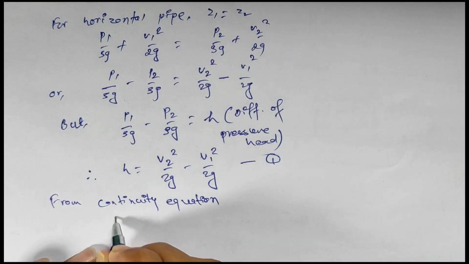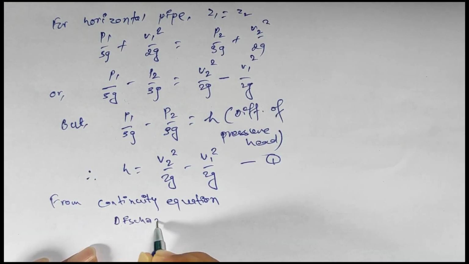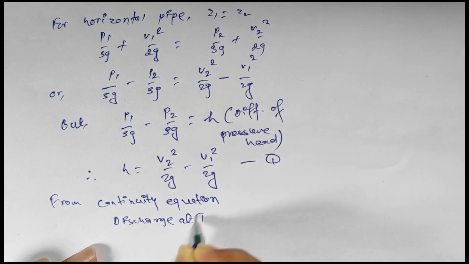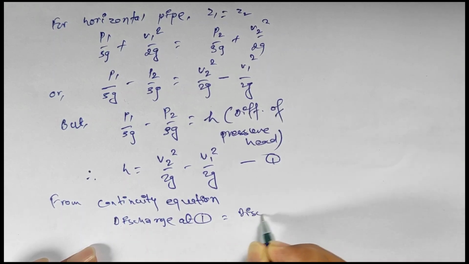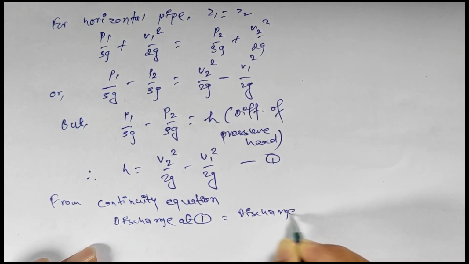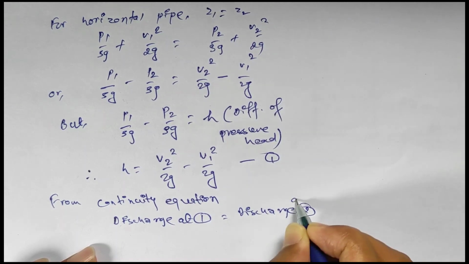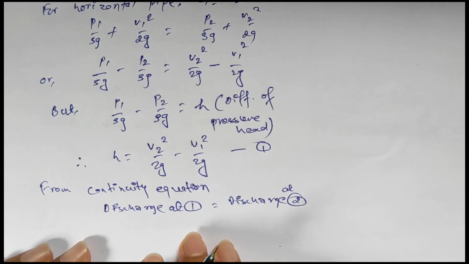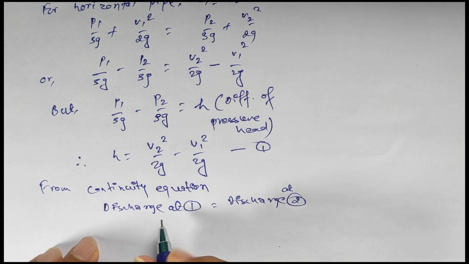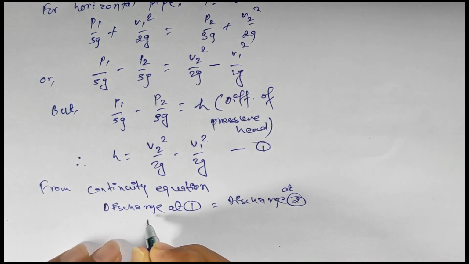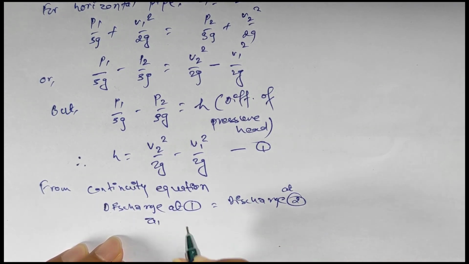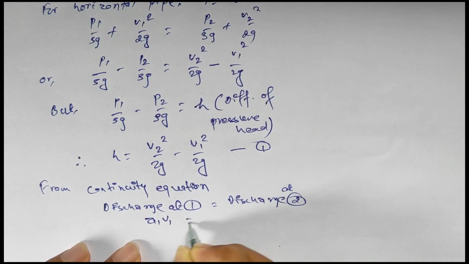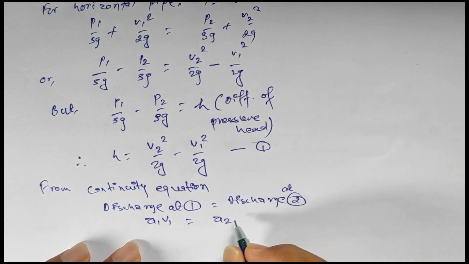So, this means discharge at section 1 equals discharge at section 2. The formula of discharge is area into velocity. That is, A1 into V1 equals A2 into V2.